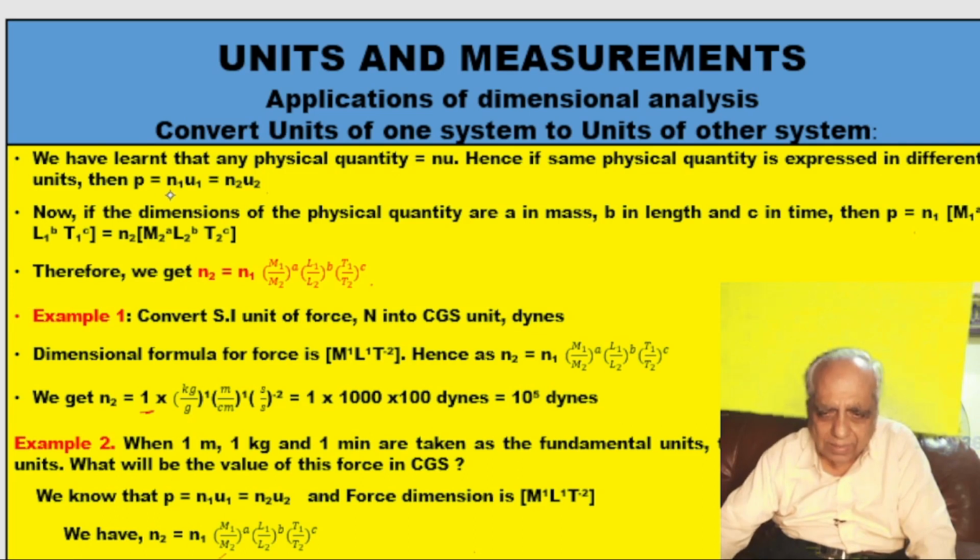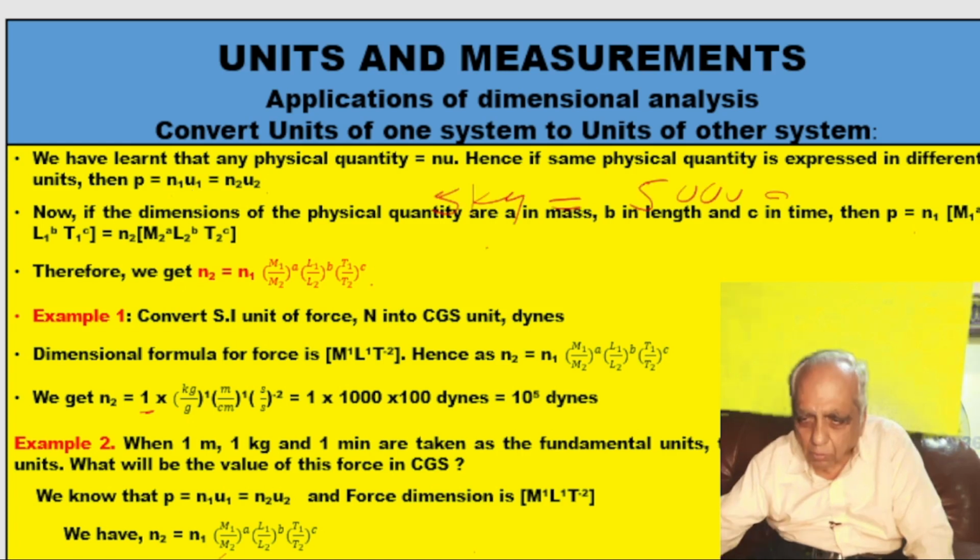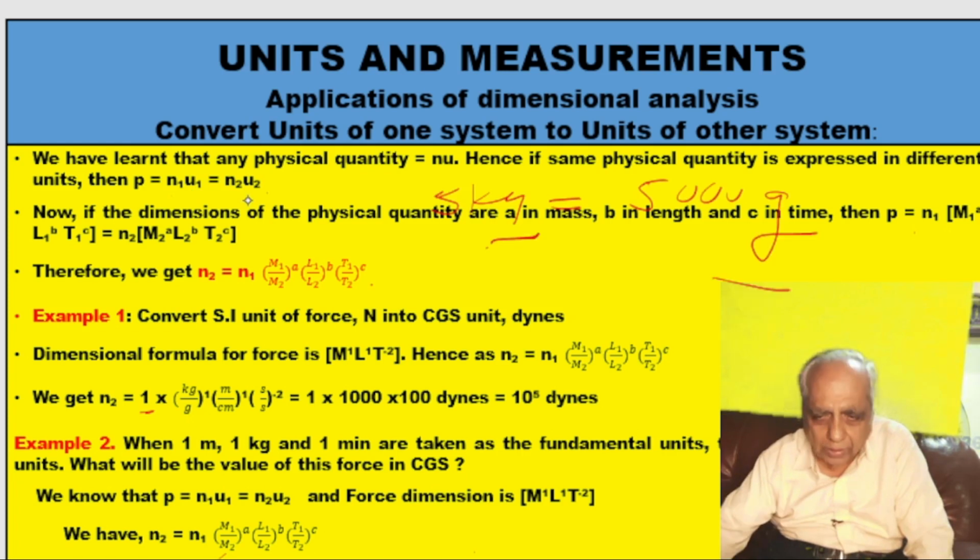Like I had given you an example, suppose I have 5 kg. So you will say 5 kg is equal to how many grams? 5000 grams. Quantity is same. So if we are converting kg to gram, the number is changing. So similarly, N1 U1 equals N2 U2, we will be using this formula in deriving the theory.